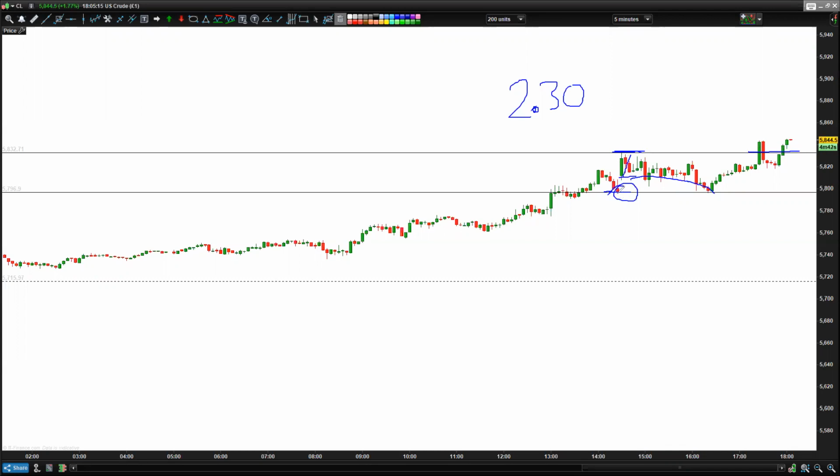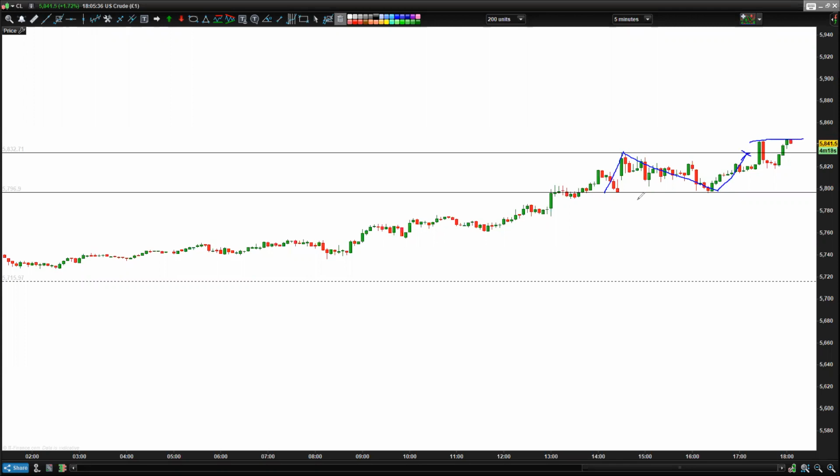Let me just clear this because it's got really messy. If the initial direction is up, then I want to buy a pullback and then trade it back to where it came from and hopefully get a breakout.